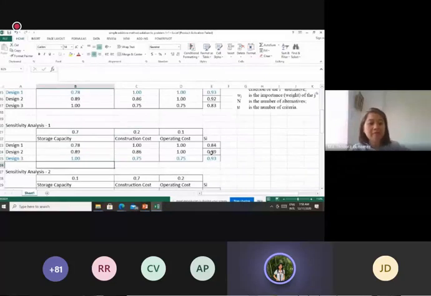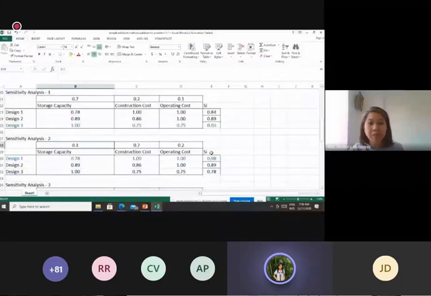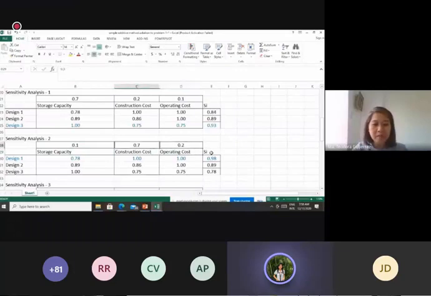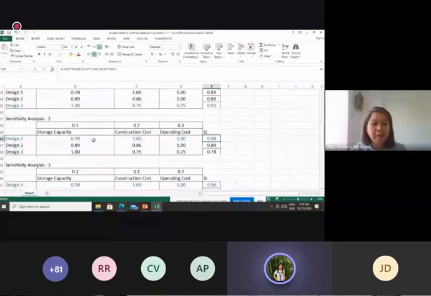Now, going further, we would like to know what will happen to my decision if I prioritize construction costs. So here, we have 0.7 as my weight for the construction cost, operating cost is 0.2 and just 0.1 here. So again, we will get the total score by the normalized value multiplied by the weights.